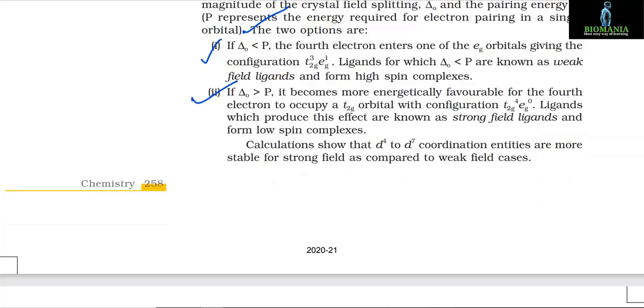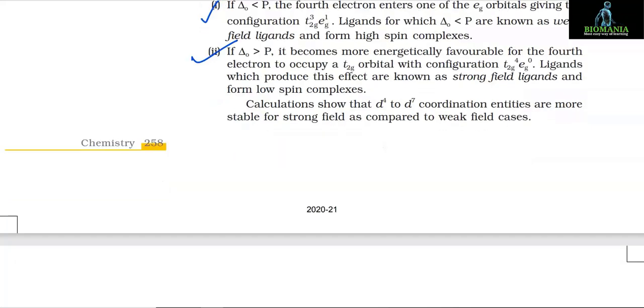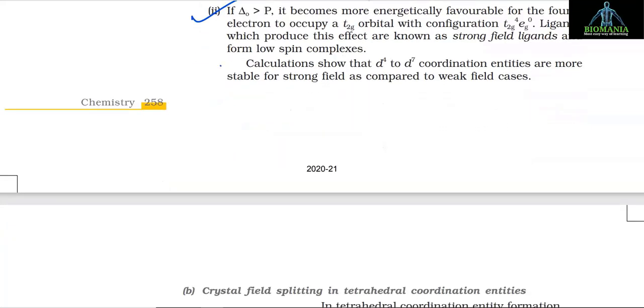Number 2, if delta naught is greater than P, it becomes more energetically favorable for the fourth electron to occupy a t2g orbital with configuration t2g4 eg0. Ligands which produce this effect are known as strong field ligands and form low spin complexes. Calculations show that d4 to d7 coordination entities are more stable for a strong field as compared to weak field cases.